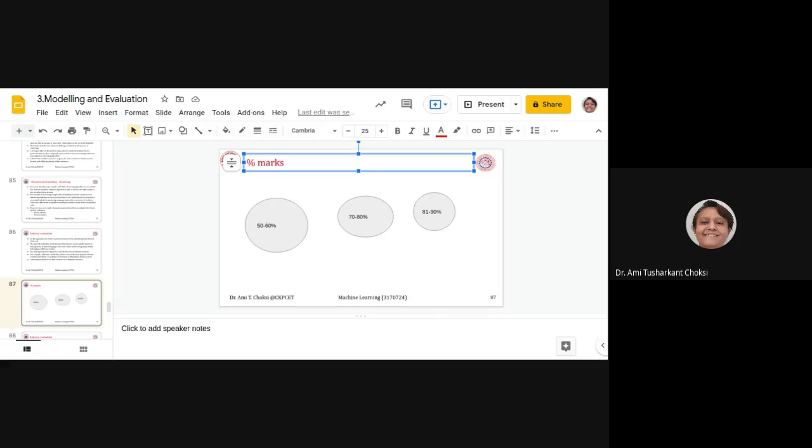Then if I consider their characteristic according to their hobbies like music or dancing or singing, then you can say it is wrong. Fine. So what should we consider is the characteristic which were used to make the groups, clusters, right? So here, for this example, we have considered percentage marks as the feature that is being used to make these clusters, these groups, this segmentation.